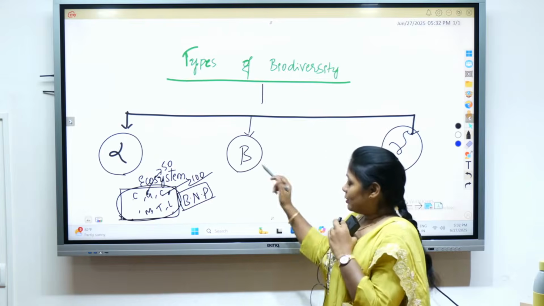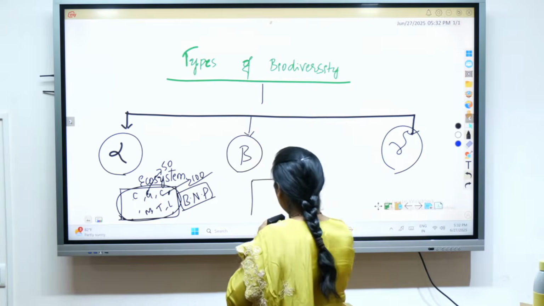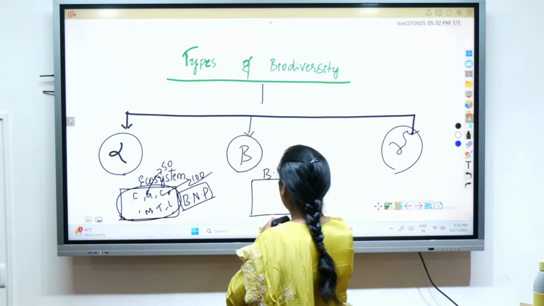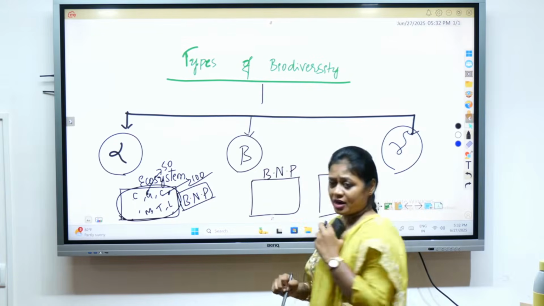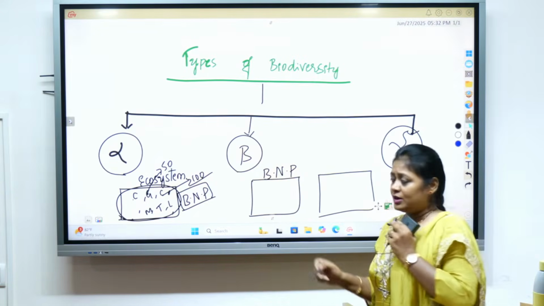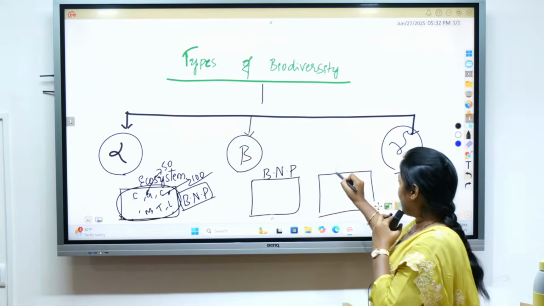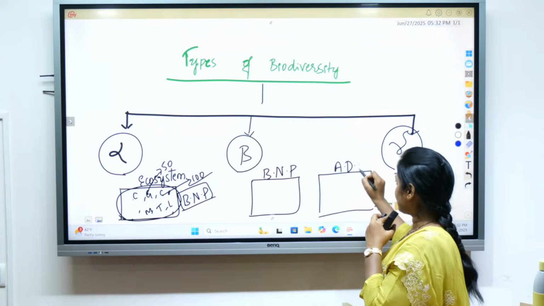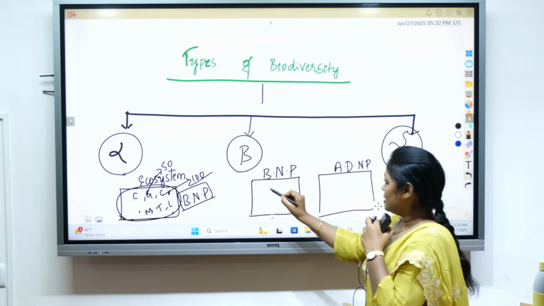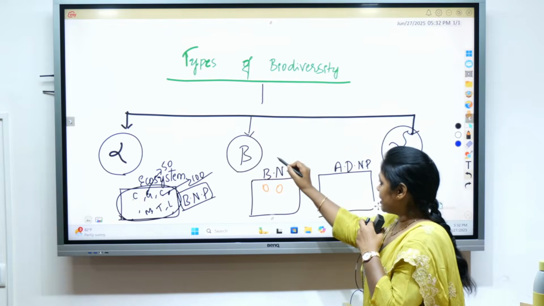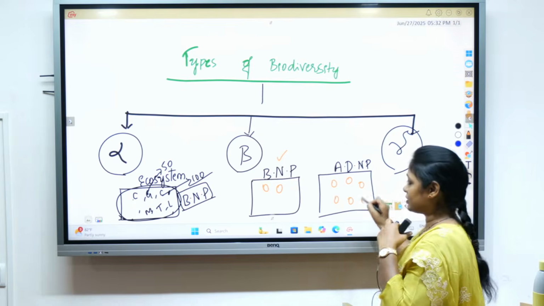Okay, beta. Beta is nothing but, this is Bannerghatta National Park and this one is Anshi Dandeli. You know that, right? Anshi Dandeli Tiger Reserve and National Park, both it is. I am just comparing number of species in Bannerghatta and number of species in Anshi Dandeli National Park.